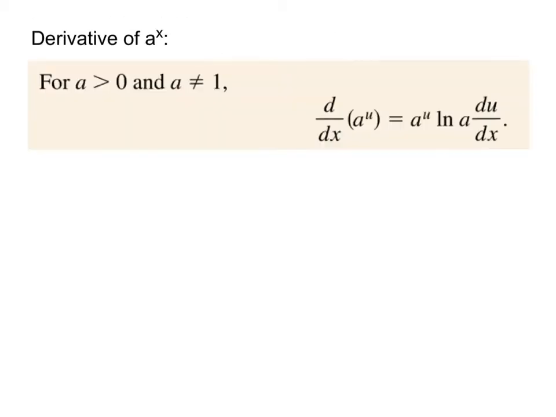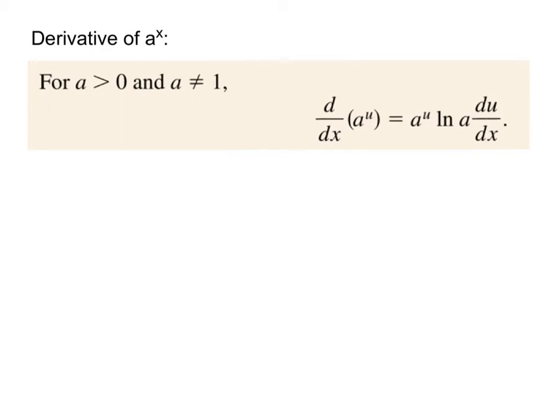Next we want to take a look at what happens if we take the derivative of a to the power of x. So it's no longer base e, which was really nice. It's now base a. And base e follows the same definition: the derivative of e to the x is e to the x natural log of e.